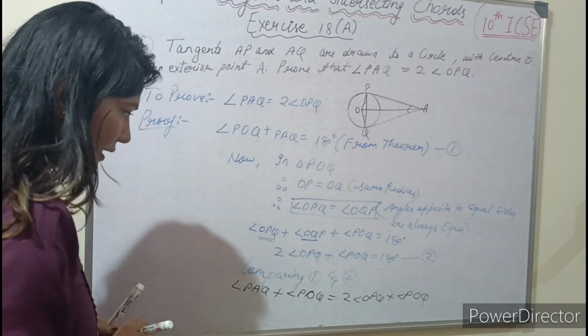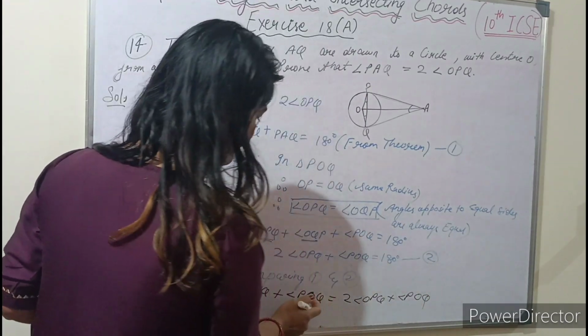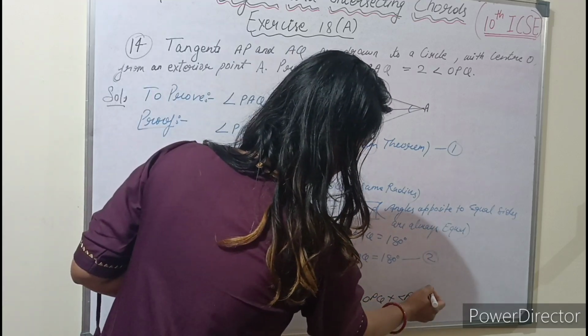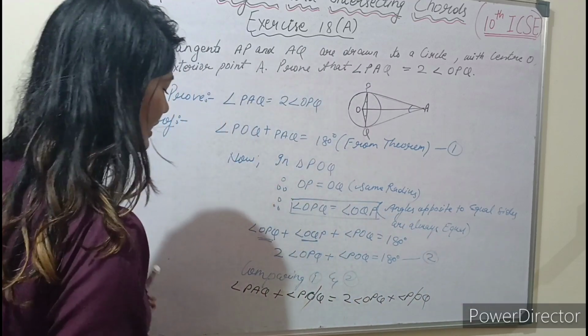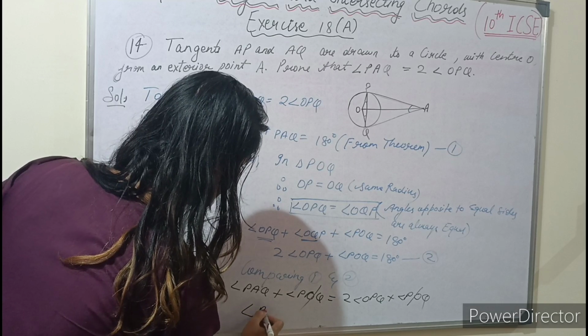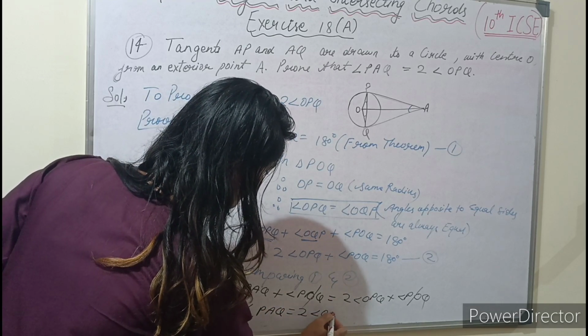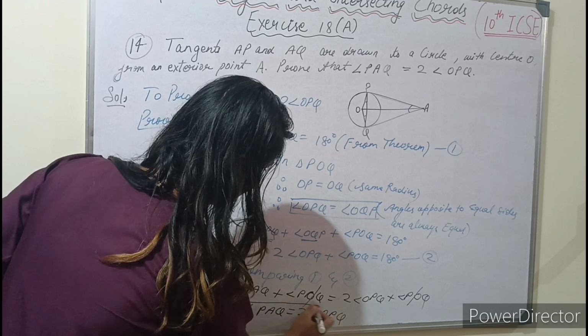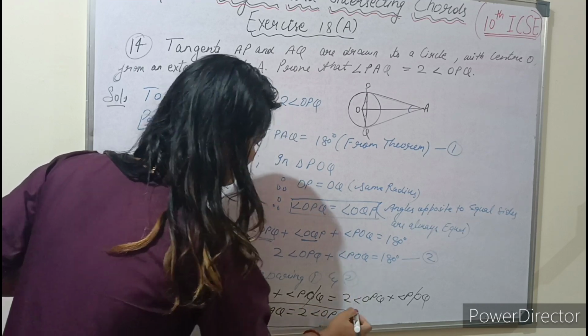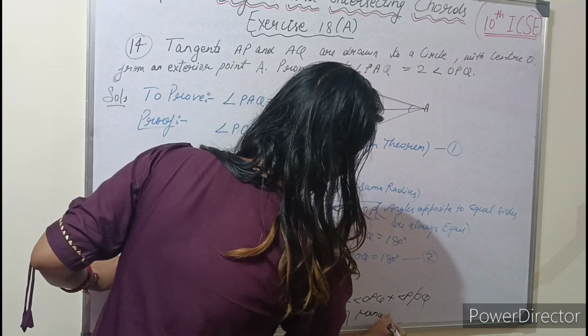Now if you compare both the sides, this is angle POQ and this is also angle POQ. So both the angles cancel out. So hence you got angle PAQ is equal to twice of angle OPQ. This is the only thing you have to prove. So hence proved.